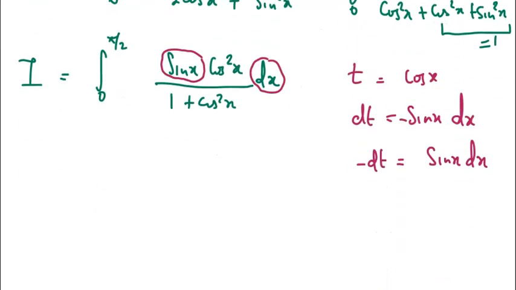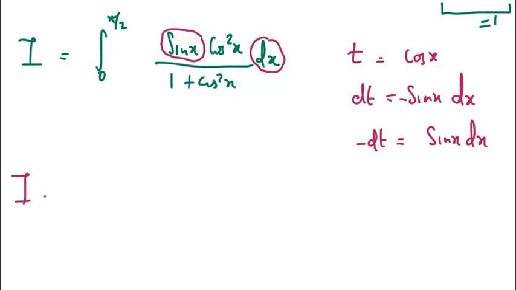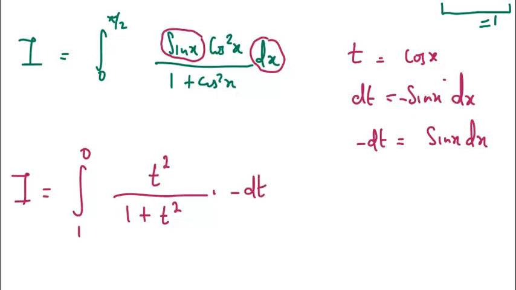Making the substitution now, our I in terms of t is going to be the integral, and we forgot about the limits. If x is approaching 0, t is approaching cosine of 0, and cosine of 0 is 1. If x is approaching pi over 2, t is approaching the cosine of pi over 2, which is 0. And up here, cosine squared of x is t squared, divided by 1 plus cosine squared of x, which is t squared, multiplied by sine of x dx, which is equal to negative dt.